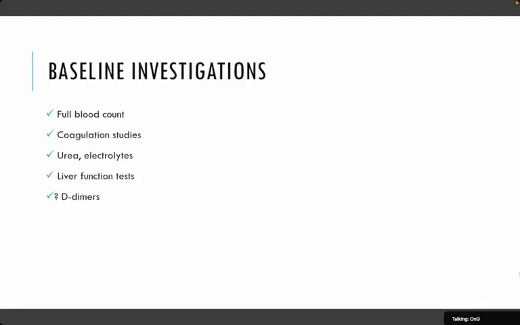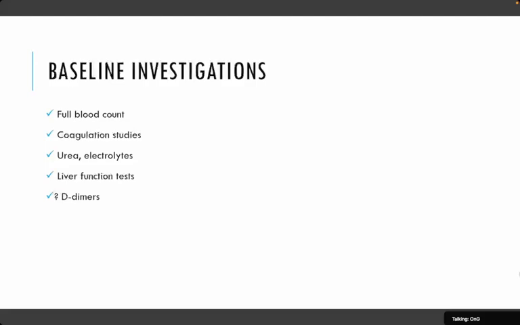After clinical examination and assessing the stability of the patient, some investigations that can or should be done include baseline blood investigations such as a full blood count, coagulation studies, and renal and liver function tests. And then there is the question of whether or not we should do D-dimers in pregnancy.